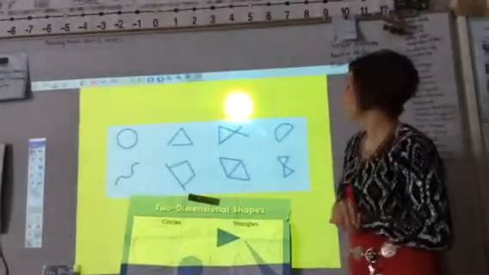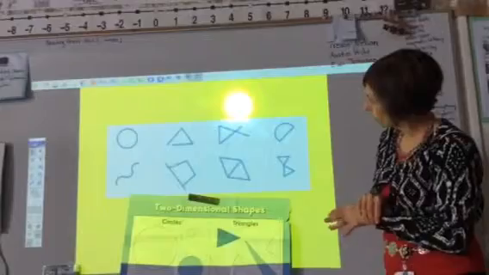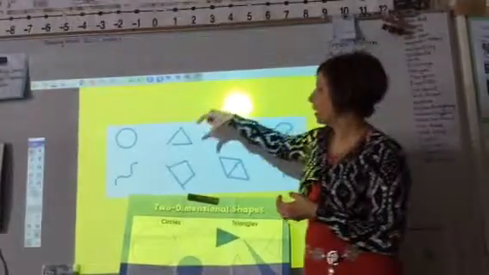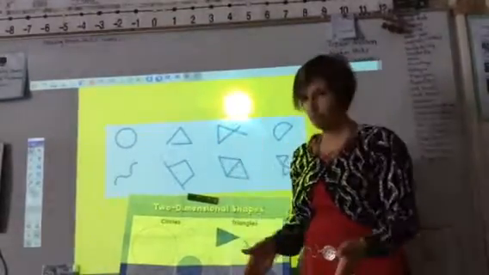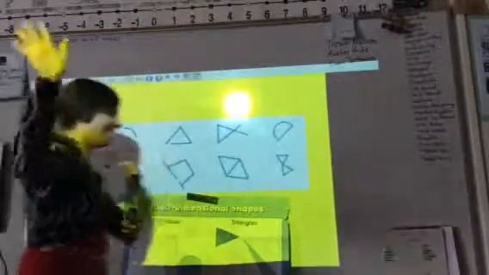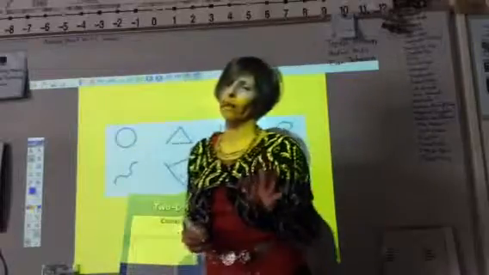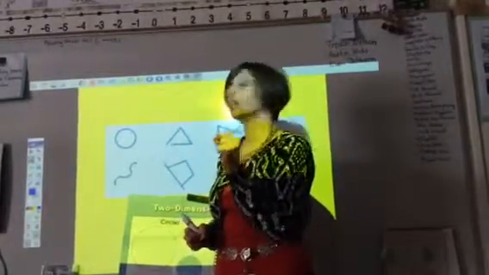I don't know what it's really called, but like a rectangle, the lines are the same. Pentagons. Listen carefully. Paragraph is when we're writing, and in math we're not talking about writing right now.